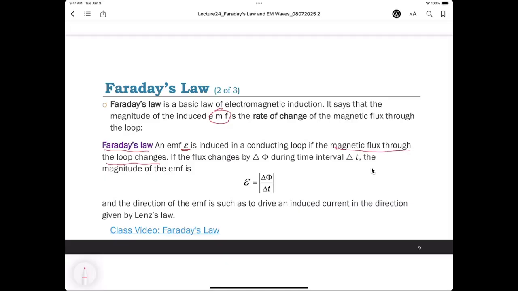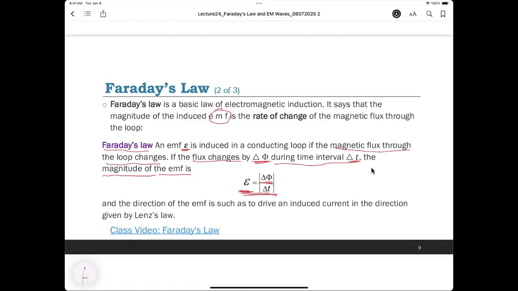If the flux changes by delta phi during the time interval delta t, the magnitude of the EMF equals this. It is the magnetic flux change in a unit time.